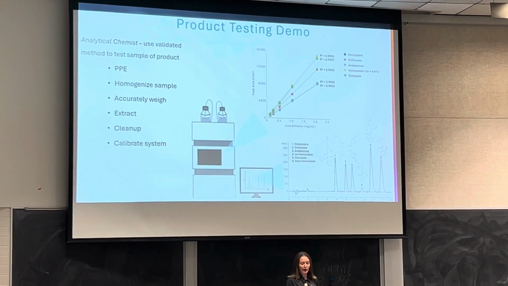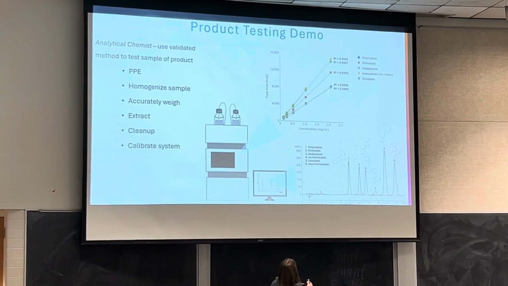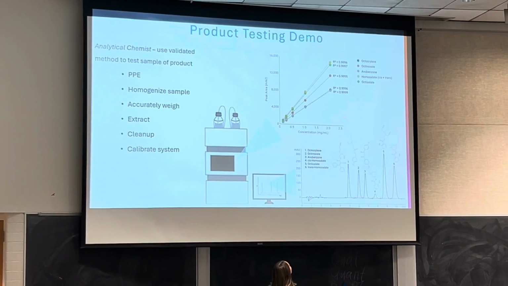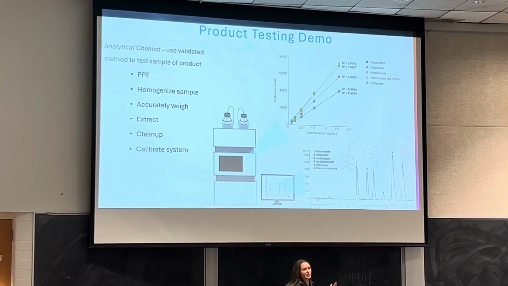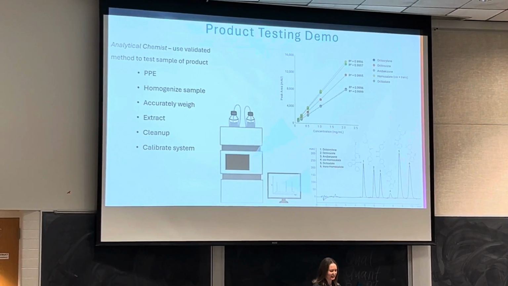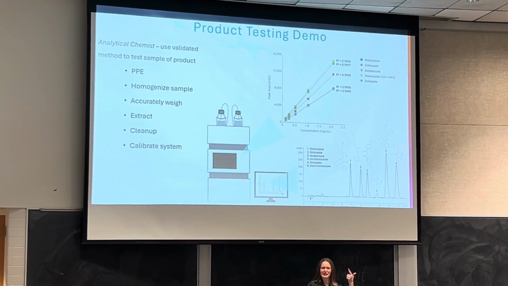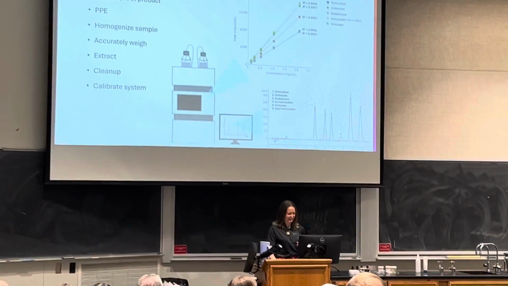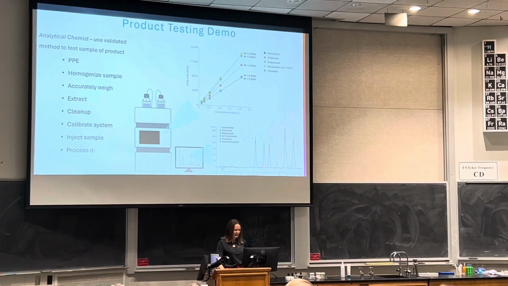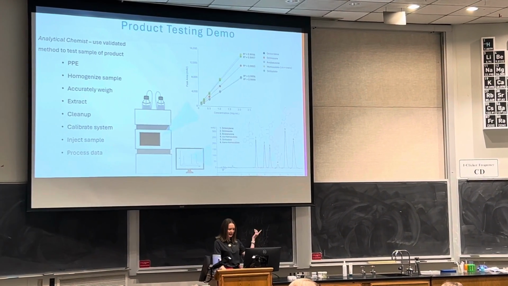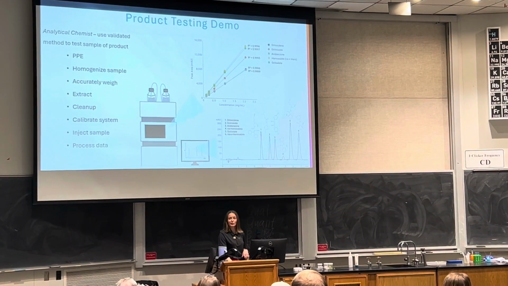And depending on where the response of your sample falls on your curve, you can quantitate it based on this standard curve, just using y equals mx plus b. That's most of the math that we have to do, is dilutions and some algebra, which I love. I don't want to do more than that. All right, and then you're going to process the data like I just talked about, and then you're going to report your results to your customers.